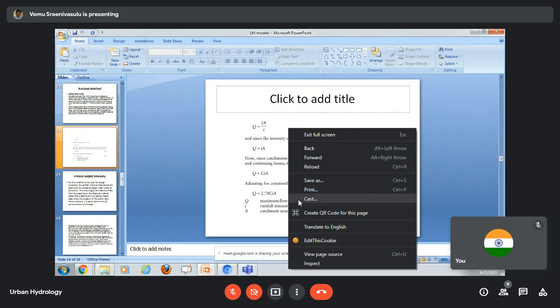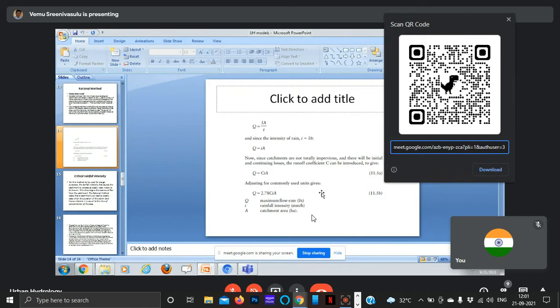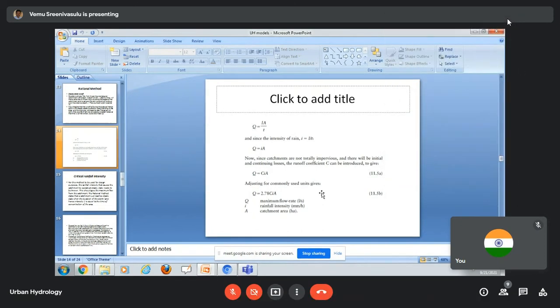So this is the rational method. You can use this formula for calculating the volume of runoff for a design storm in an urban drainage system.